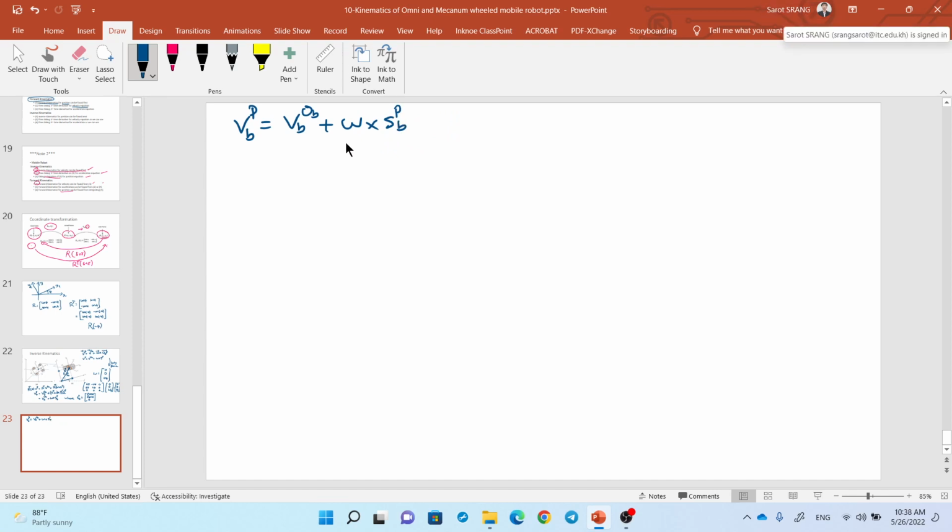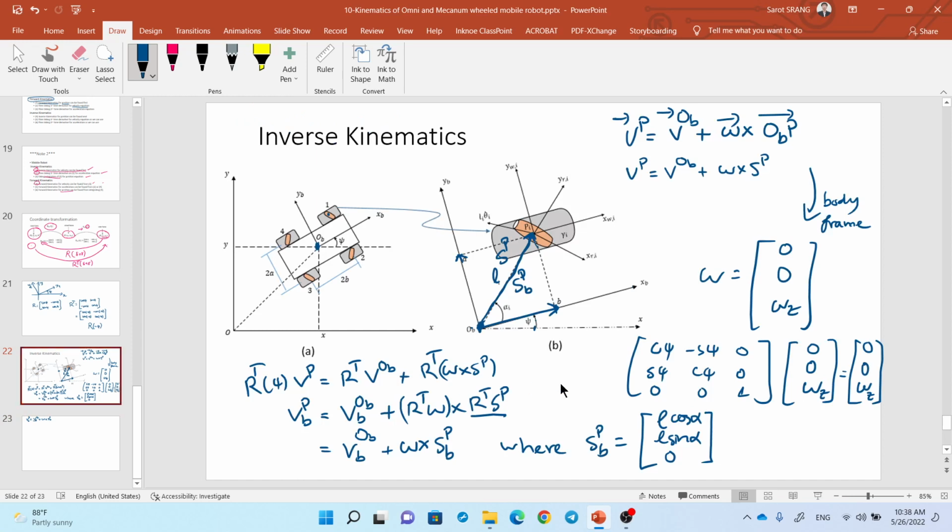Okay. So what is V? Yeah, I should let you know now. This one, the velocity of point OB, actually is the velocity of the robot itself. So if OB has coordinates X and Y, then the velocity at OB actually is X dot, Y dot, right?